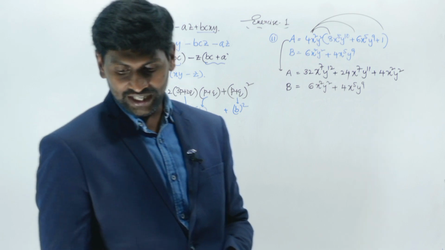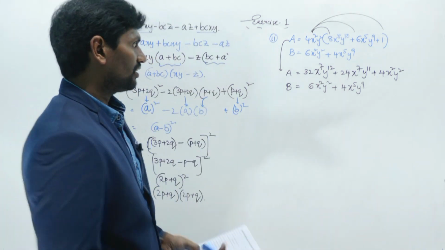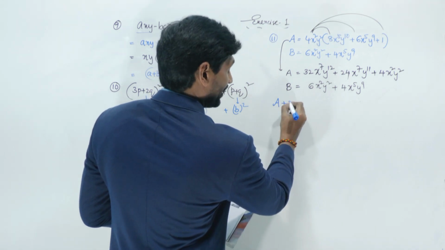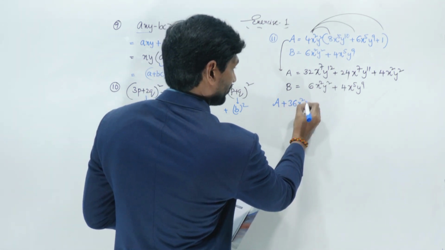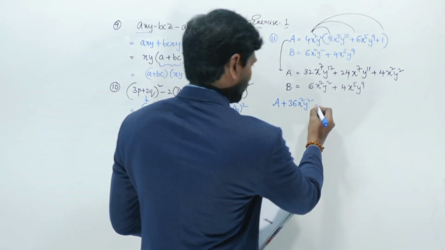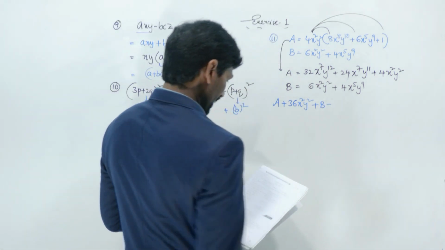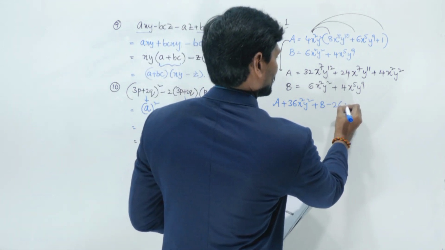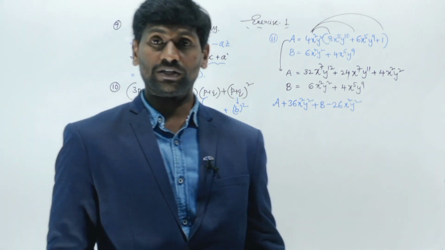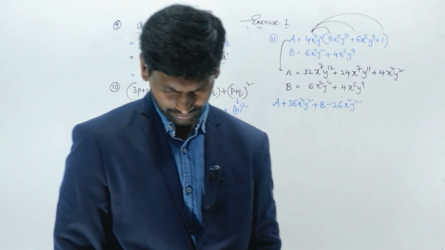Now we need to identify the common factors for A plus 36x square y square plus B minus 26x square y square. Let me substitute the values here.